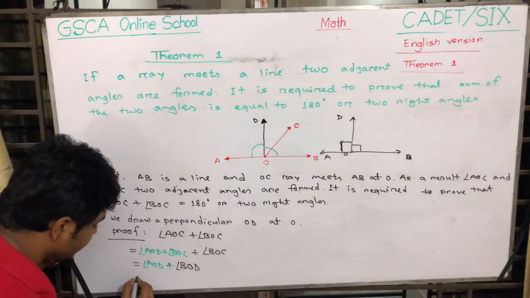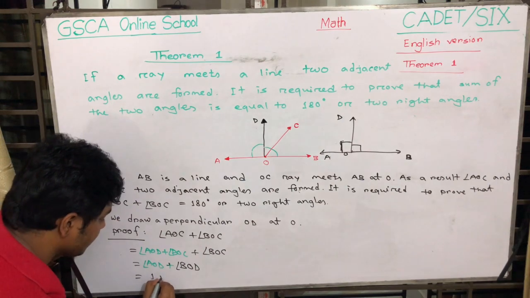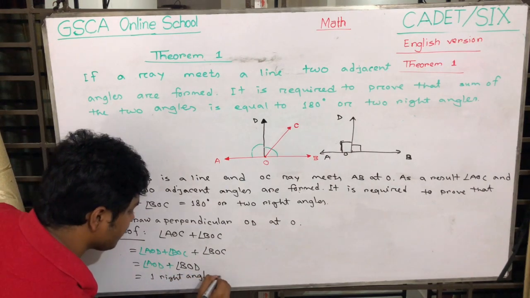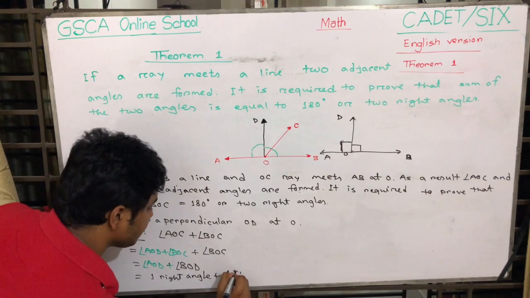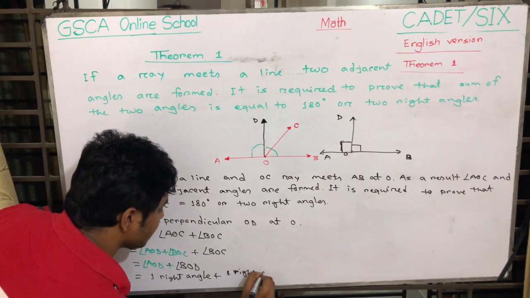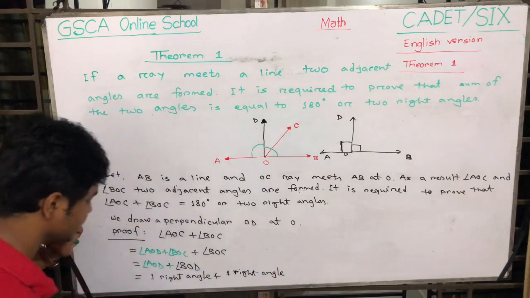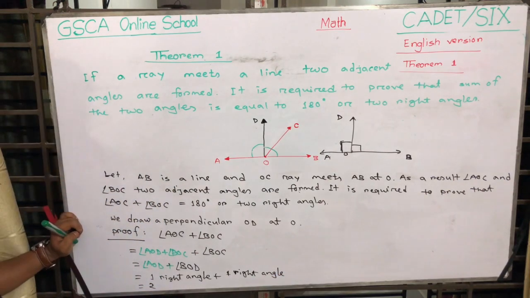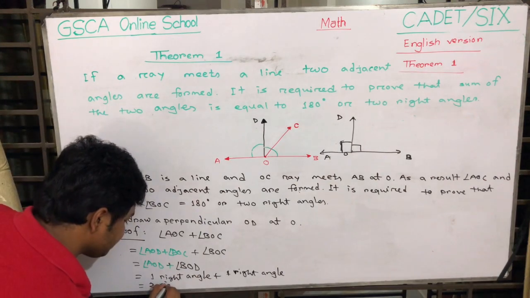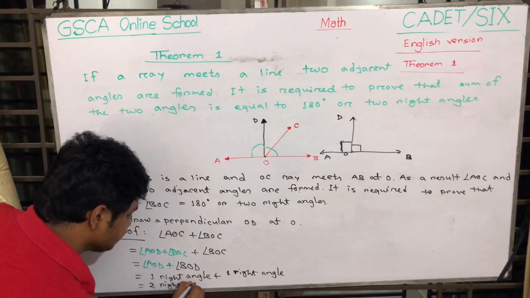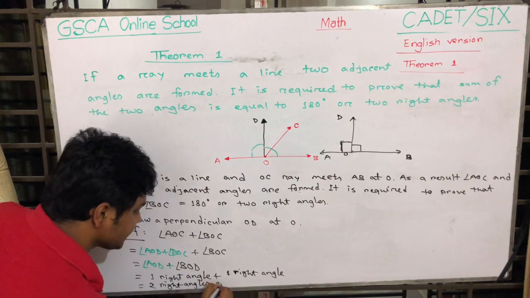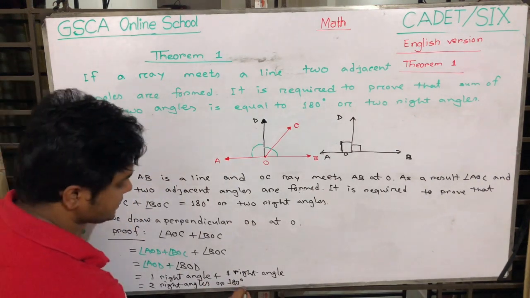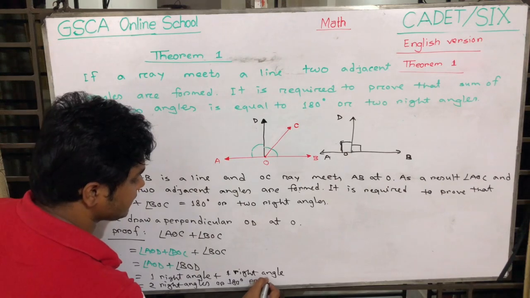We can write one right angle plus one right angle equals what? Sorry, what is the sum? Two right angles or 180 degrees. So it is proved, right?